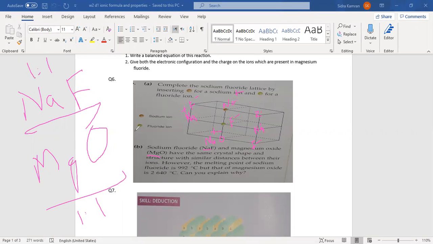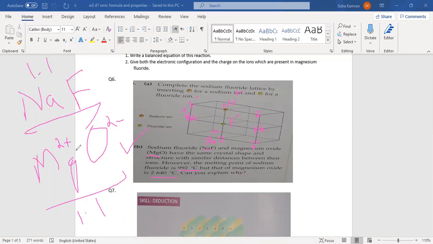So they have the same crystal, but they have different melting points. Here you can see sodium fluoride has a melting point of 992 degrees Celsius and magnesium oxide has 2640 degrees Celsius. Why does magnesium oxide have a high melting point? Because in magnesium oxide there is a complete transfer of 2 electrons. Magnesium will transfer 2 electrons and oxygen will take those 2 electrons.